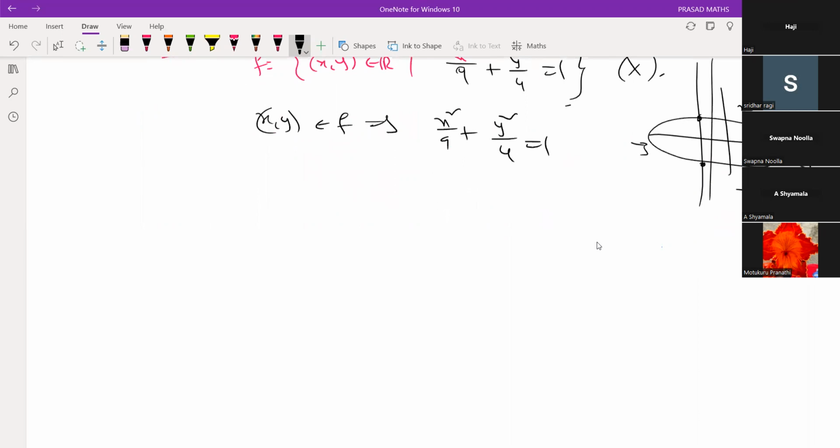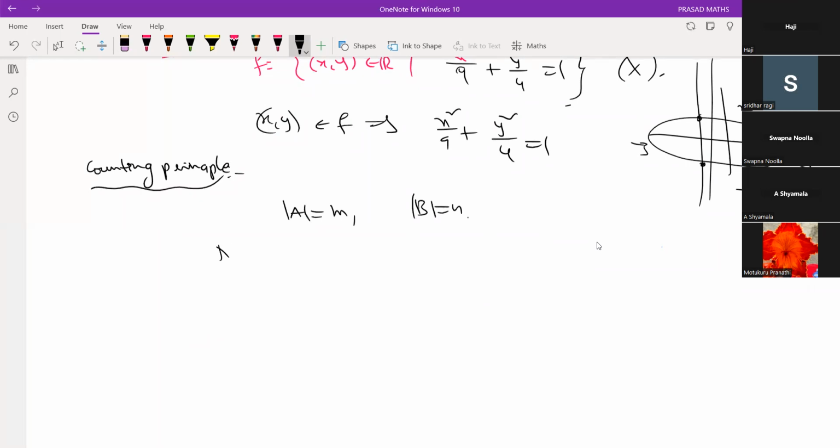Right? Now my counting principle. Suppose the cardinality of A is m, and the cardinality of B is n.